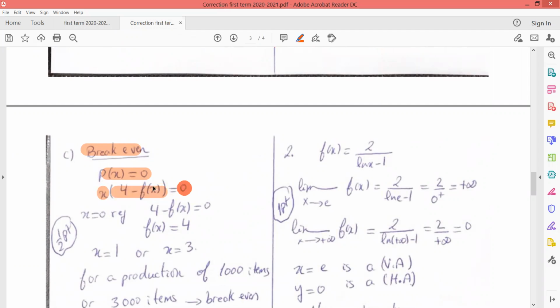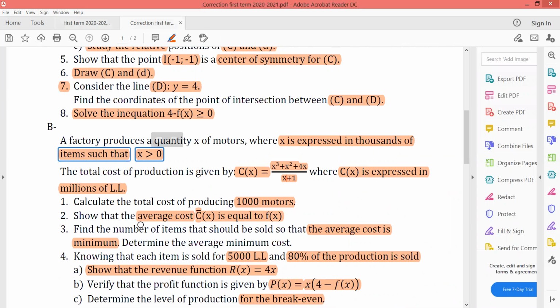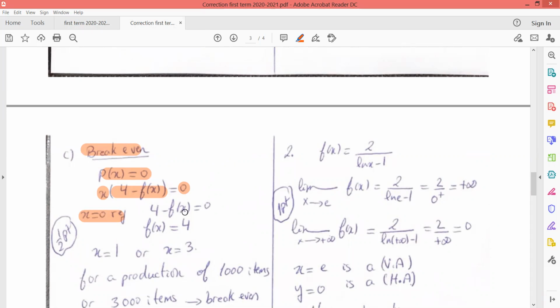To solve a product equal to 0, we say x equal to 0, which is rejected, because the domain says x is positive. So x equals 0 is rejected. 4 minus f(x) equal to 0, meaning f(x) equals 4.